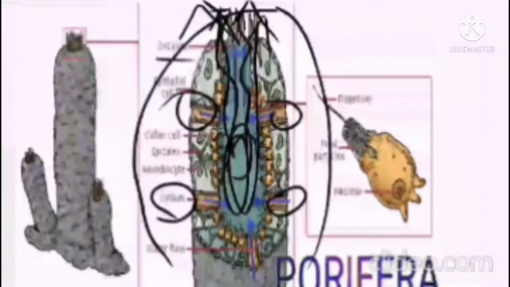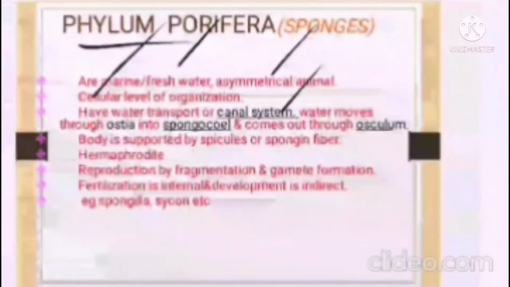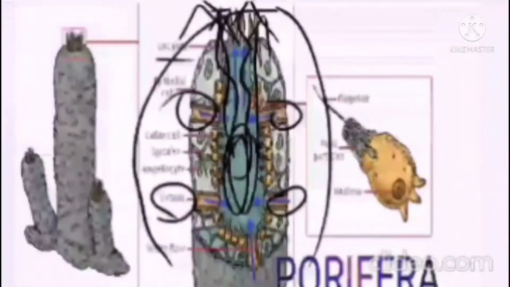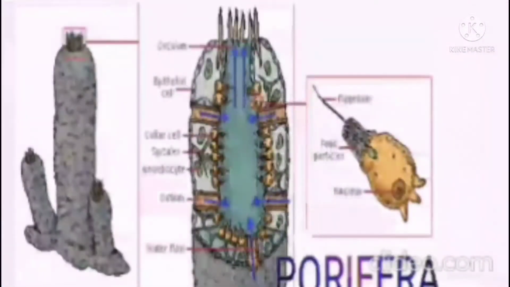What is the opening called? Osculum. So water is moving in through the ostia and it is entering the spongocoel. From there, after all the processes are carried out, the waste and all is carried out through the opening at the top called what? Osculum. Okay. So once again, water is moving in through which one?